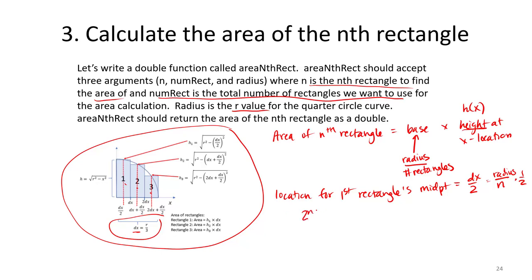Then the second rectangle, the location of that second rectangle is going to be dx over 2 plus dx.